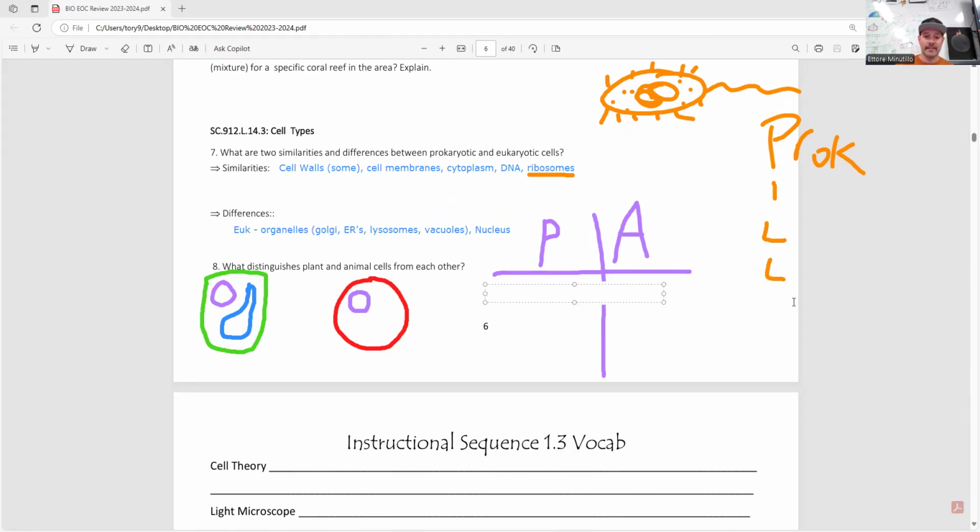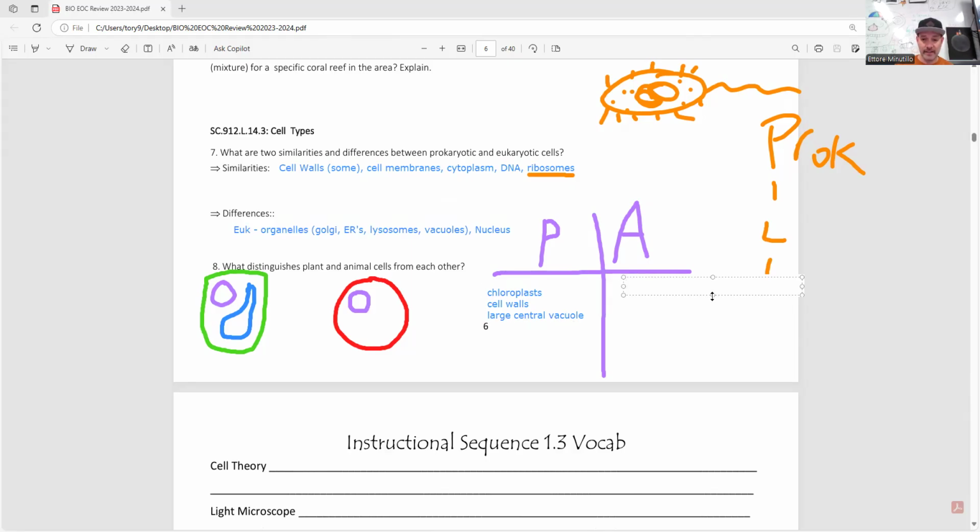So in our plant cells, we're going to have things like chloroplasts. That's going to be helping as far as doing photosynthesis. Plants have cell walls. Plants have the large central vacuole. Those are some of the major differences as far as things that plants have.